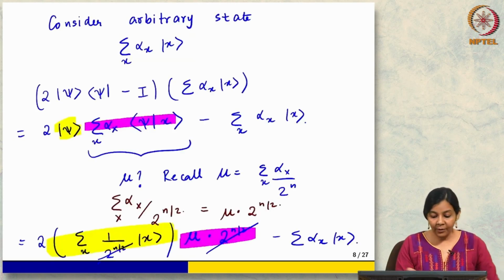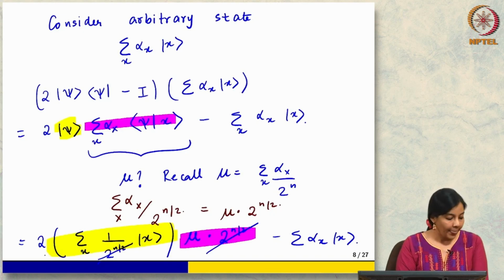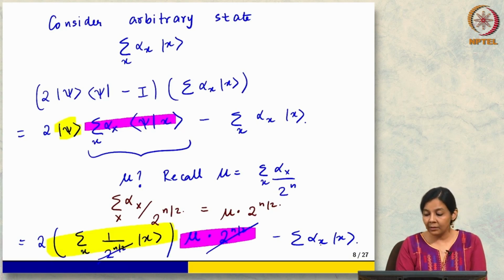So, now let us look at what we got. So, we got 2 times mu minus summation alpha x, the whole times x. Does everyone agree?